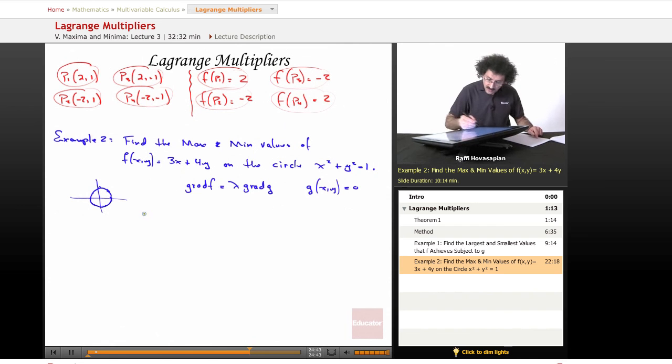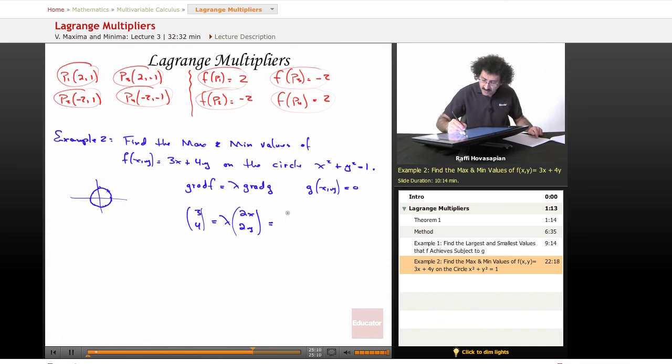The gradient of f: the partial derivative with respect to x is 3, and the partial derivative with respect to y is 4. So we have (3, 4) equals lambda times the gradient of g, which is (2x, 2y).